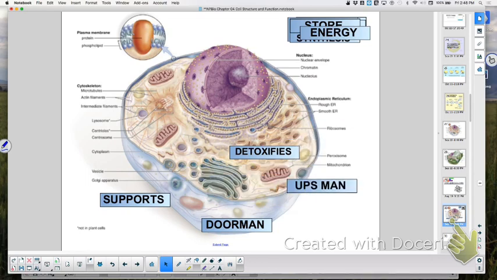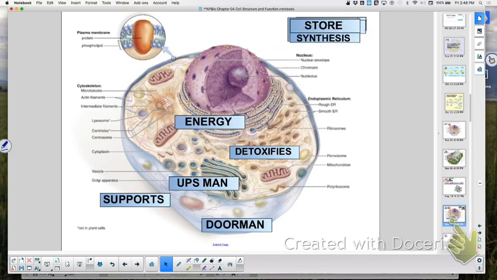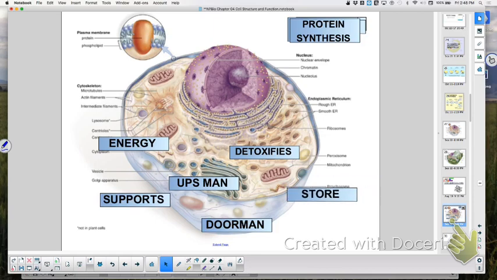What's the side facing the nucleus? The cis. And the one going away is the trans. Good. Who's for energy? Mitochondria. Good. Who stores? Some vacuoles. I'm sure there's a vacuole on here somewhere. Anyway, that looks like a vacuole there.